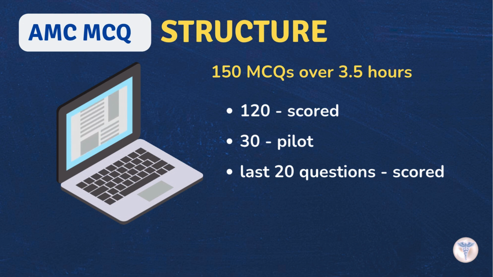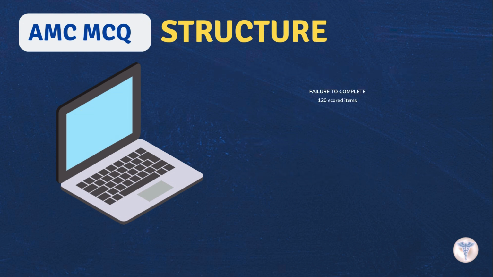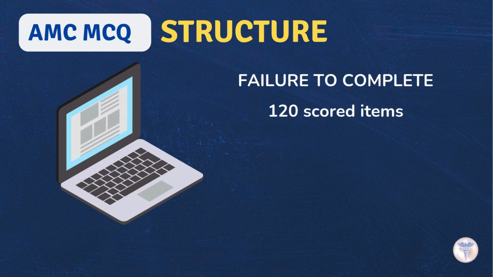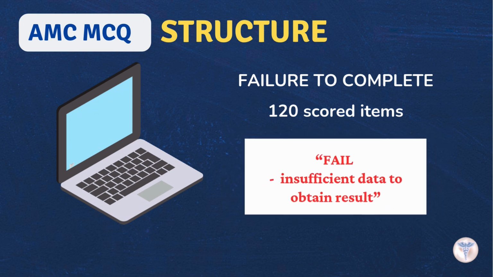So make sure to attempt to answer all questions and finish the exam until the end. Failure to complete all 120 scored items may lead to insufficient information for a reliable assessment, thus affecting the final result of your exam. It may be recorded as fail, insufficient data to obtain result.